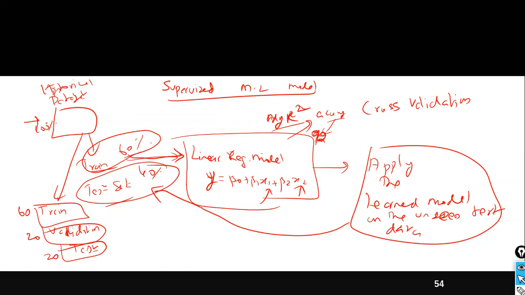So when you apply the model on the test data set, you get the accuracy, or the adjusted R squared, or we call that the error. Let's say you get something like 80.